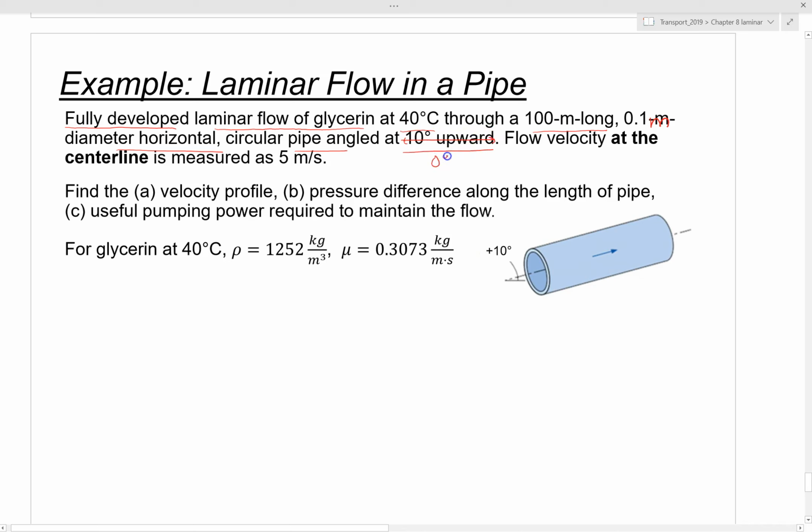There is no angular bend, so it is 0 degree. The flow velocity at the center line is measured as 5 meter per second. So that is, center line means V max. So we are to find out what is the velocity profile, pressure differences along the length of the pipe, and useful pumping power required to maintain the flow. And these are the parameters which are being provided. Glycerine is at 40 degrees Celsius, density is so and so, and mu is 0.3.